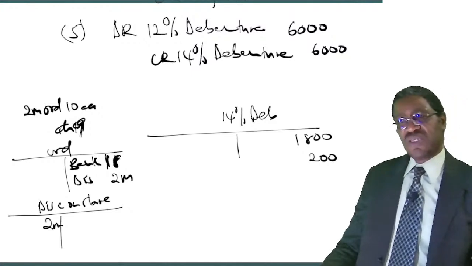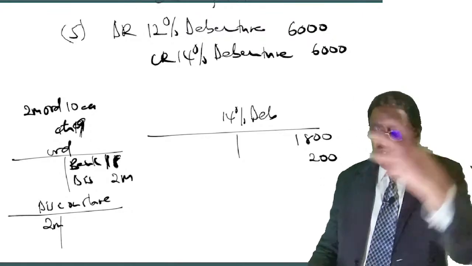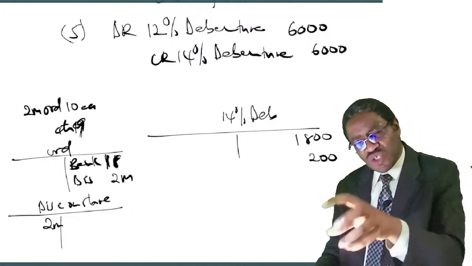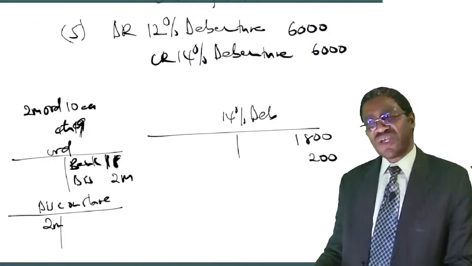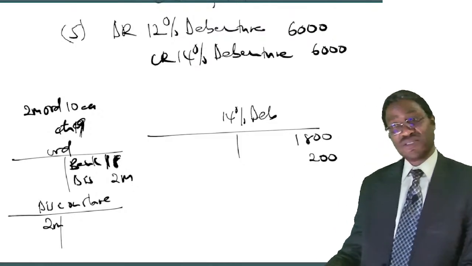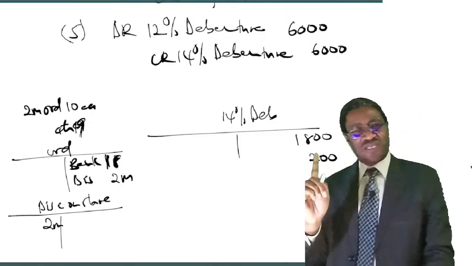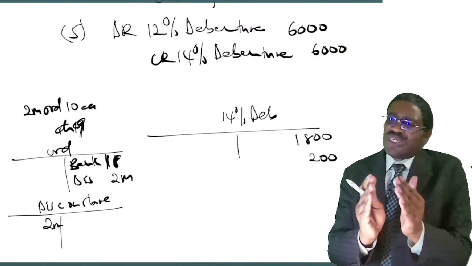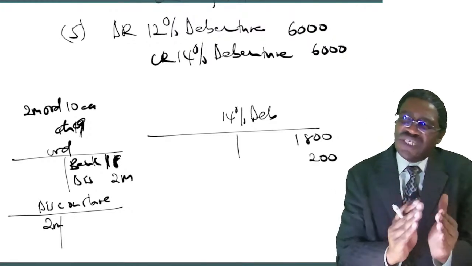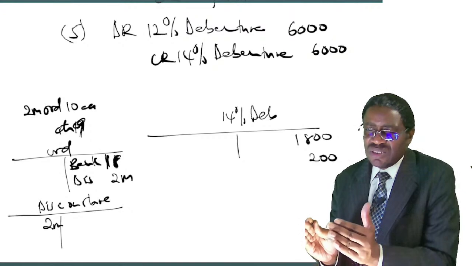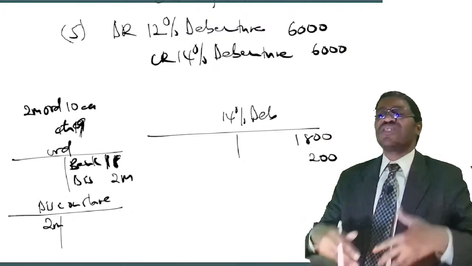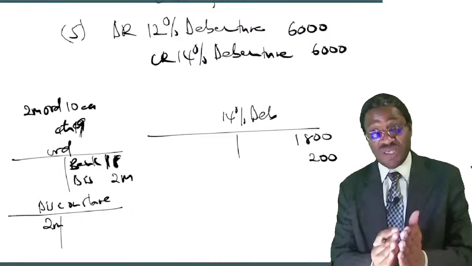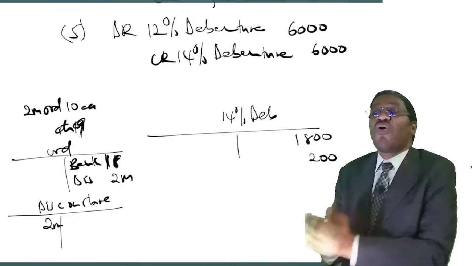It is obvious you are losing, because you are receiving less than the value. Now that we are reconstructing this company, don't take that 200,000 to an account called discount on debentures. If it was a normal business that we were operating, yes, just like I said for discount on shares, you would also debit the discount on debentures account.